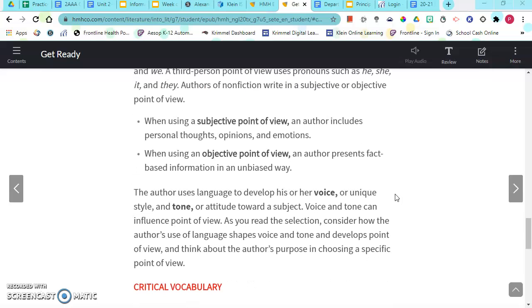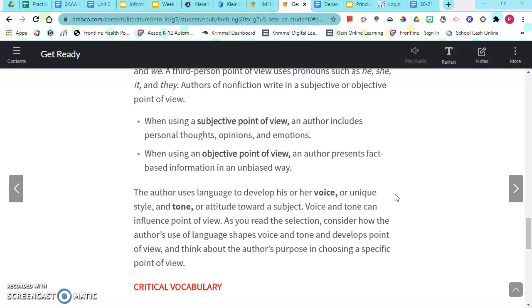Tied closely to the point of view that an author chooses is the language that they use while they're writing. All right? Their voice, which we also think of as their style of writing, is a part of the nonfiction written text.